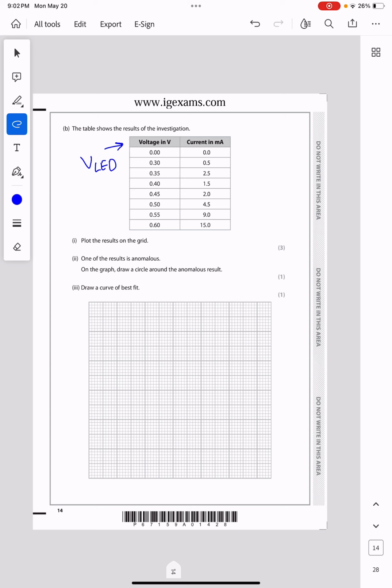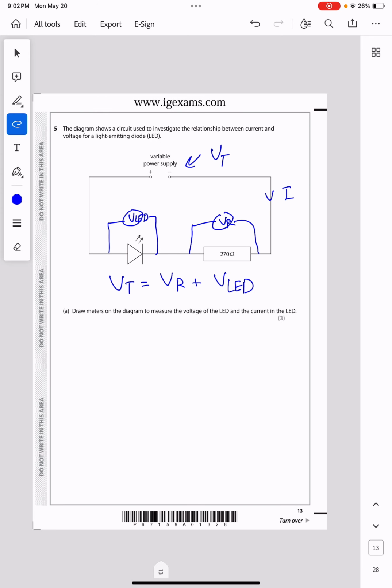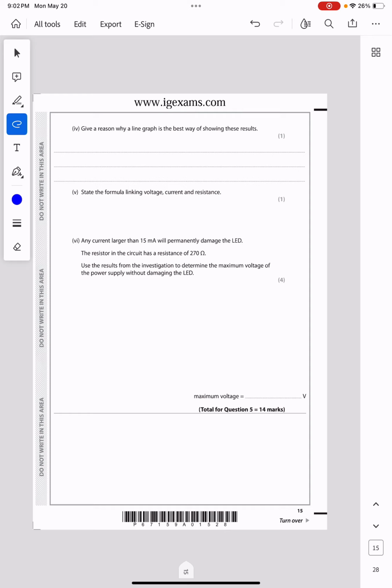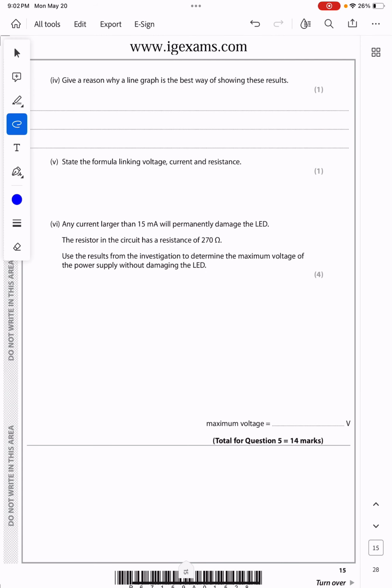So the VR is not given. We don't know it. It's not the VR, it's not the V total. This is only for the voltage of the LED, all of the investigation. Until here. So when we go back to this one, we only get this from the student's investigation. VR and V total are not known for us. The last question is asking about those two.